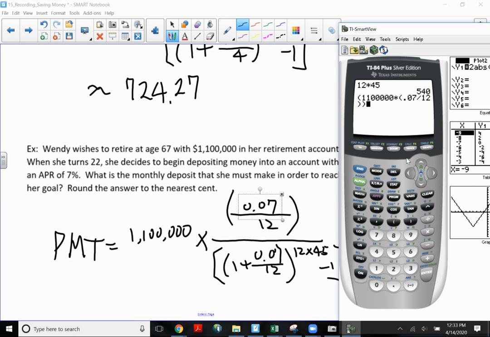Close the parenthesis for the entire numerator. Divided by, open the brackets. Open the parenthesis, 1 plus 0.07 divided by 12. Close parenthesis. Exponent 540. Then minus 1. Okay, so she will need to make $290.04 payments.